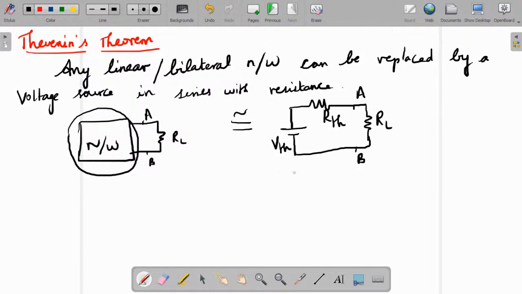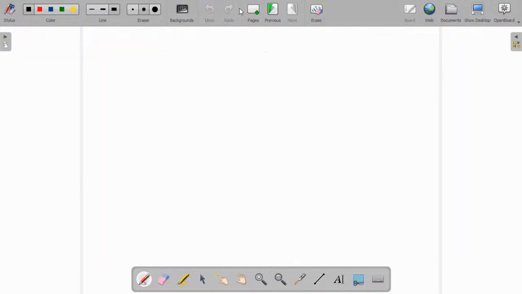Yes. Let me give one example on how to find the Thevenin's equivalent circuit, so that even if you already understand the theorem statement, it will be easier to understand how to solve the question.